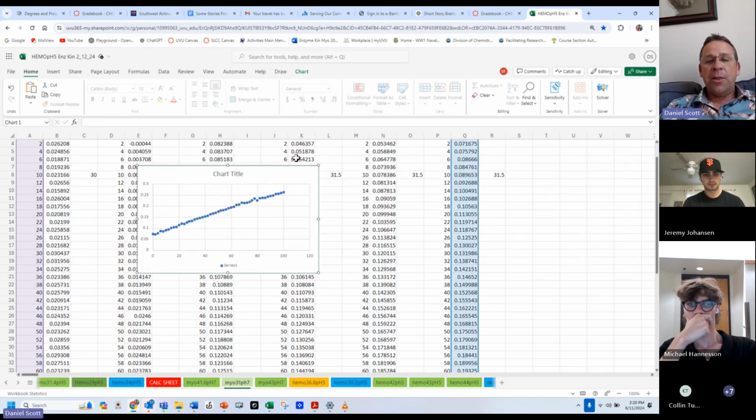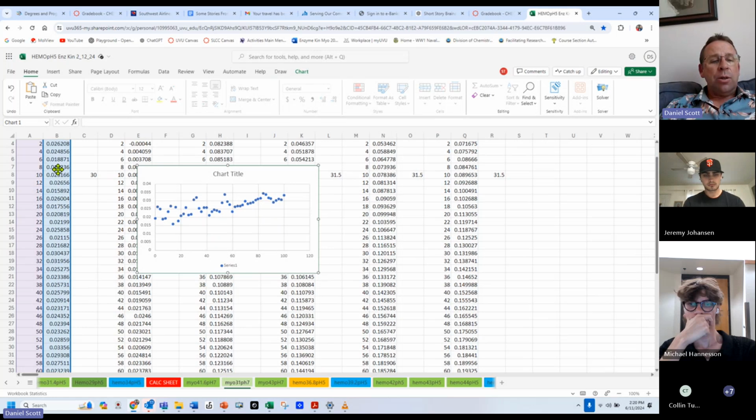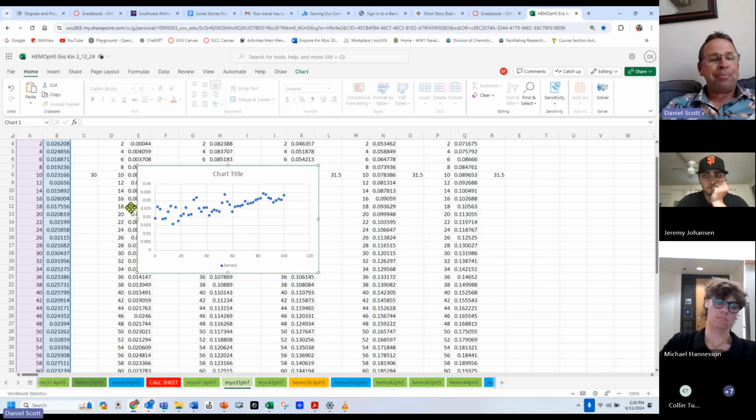I think that most of us know how this data is analyzed, right? We look at the data that's been collected and try to get a fit that we think represents this slope here.